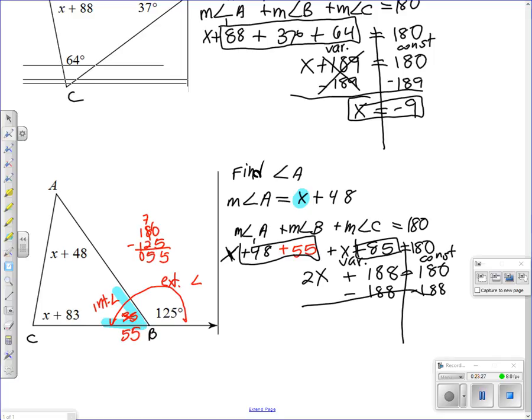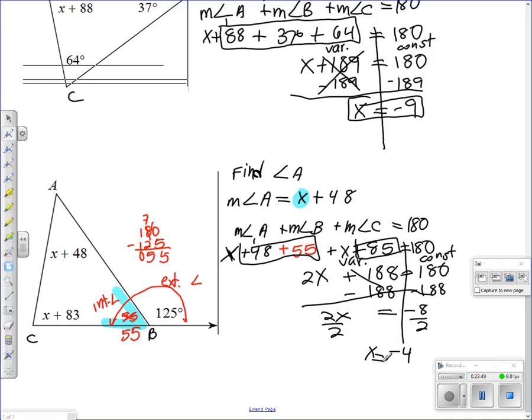Now, these will cancel. So you have 2x is equal to 180 minus 188, which gives you negative 8. Divide by 2. Divide by 2. So x is equal to negative 4.